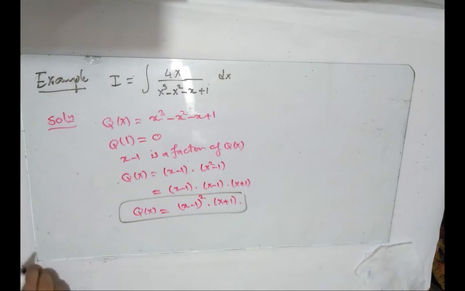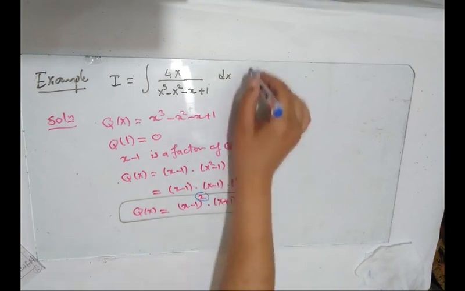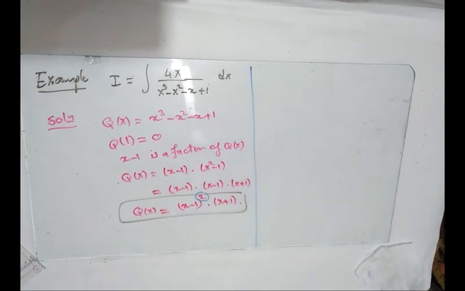Okay, so this was our first step. The second step: in this step we can see that we have a linear factor which is repeated. So we are in the second case. It's split into linear factors and one of them is repeated.